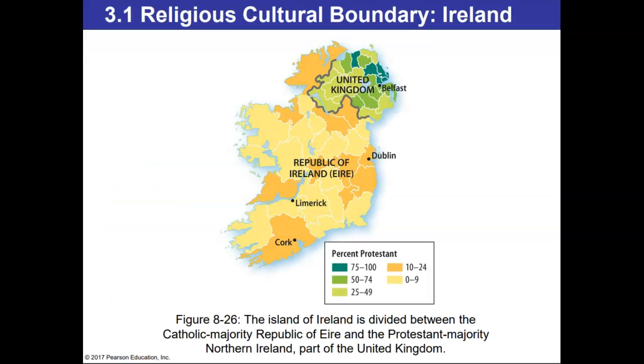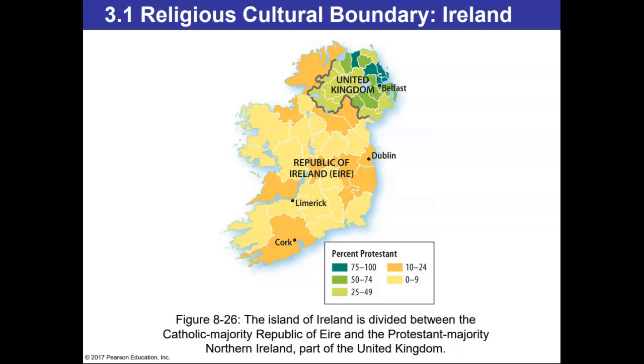Boundaries can definitely contribute to conflict, and this conflict can happen between different states as well as internally. Let's talk about a few examples that fall under the category of cultural boundaries. This is figure 8-26, and it is located on page 280 of your textbook.